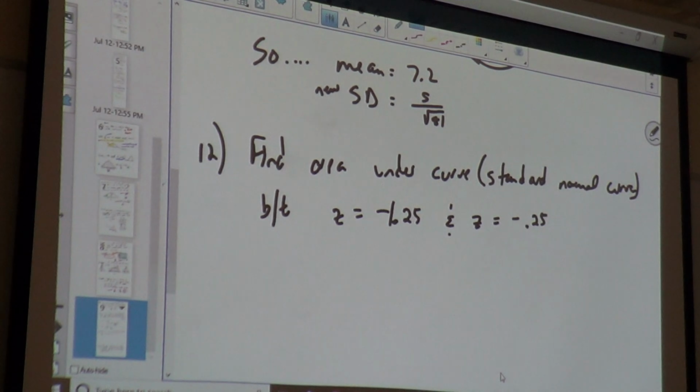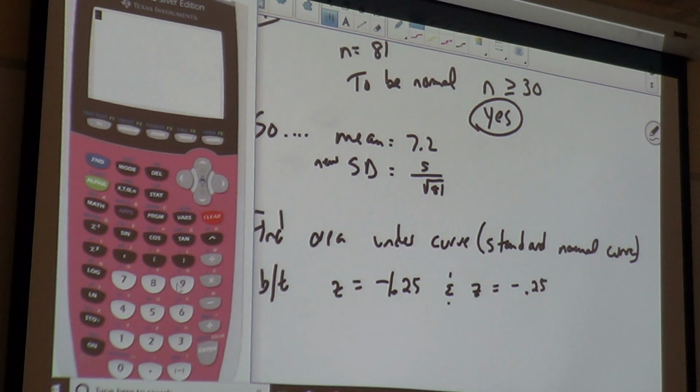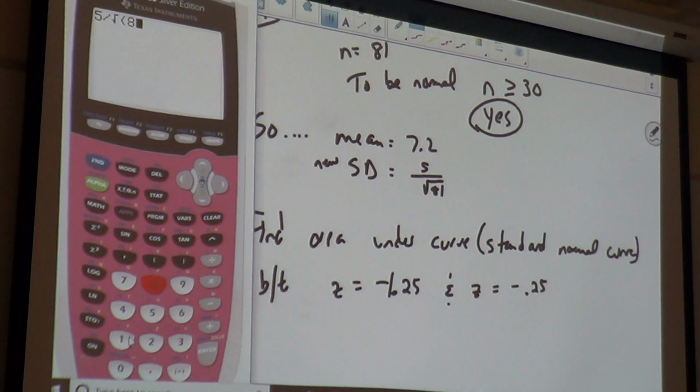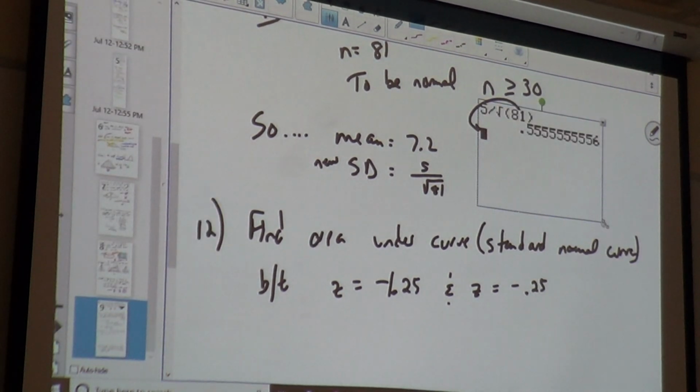The answers for the new standard deviation, they're not going to want 5 divided by the square root of 81. They're going to want it to 4 decimal places.